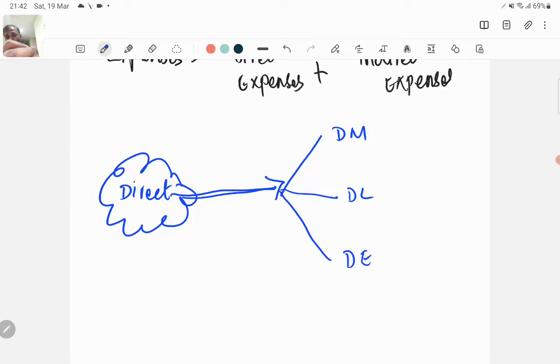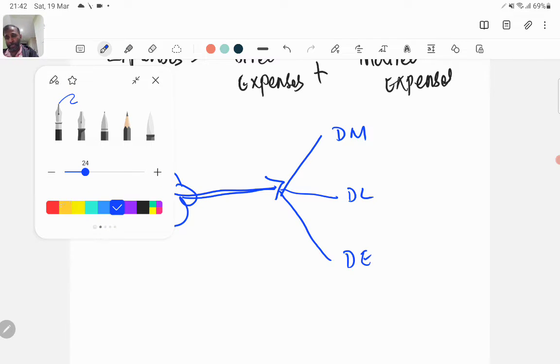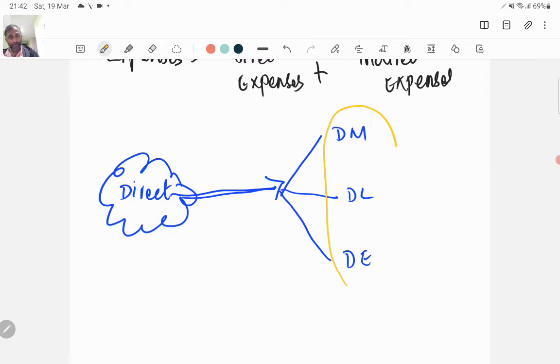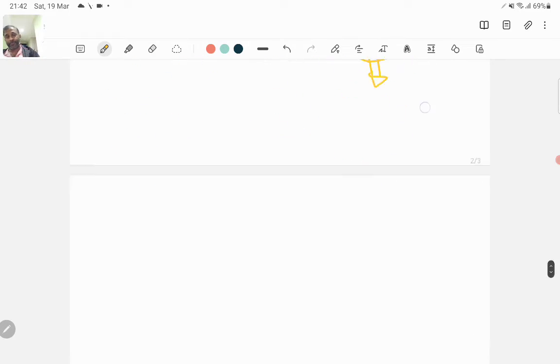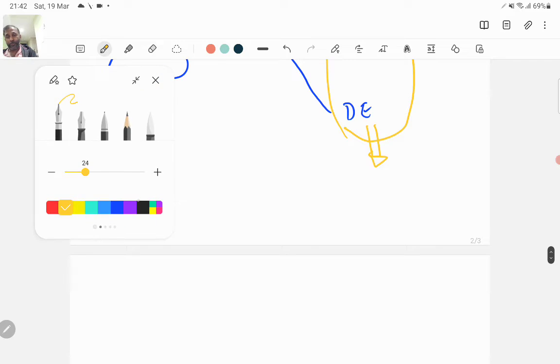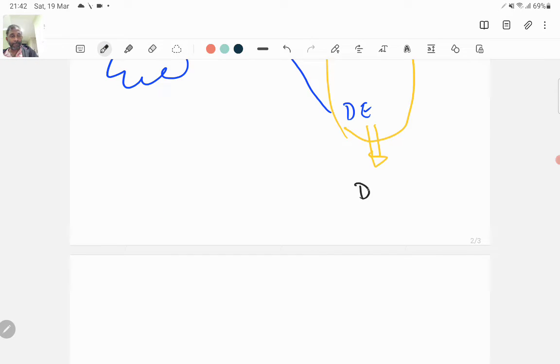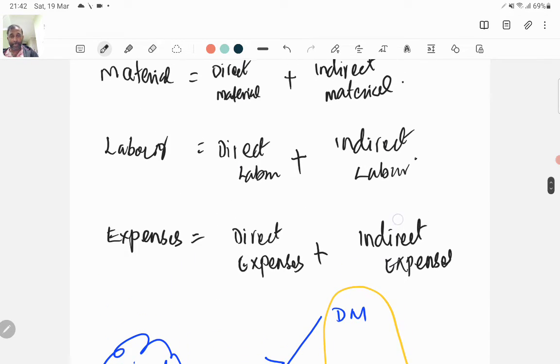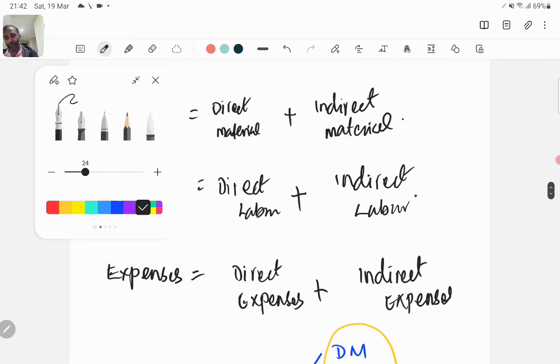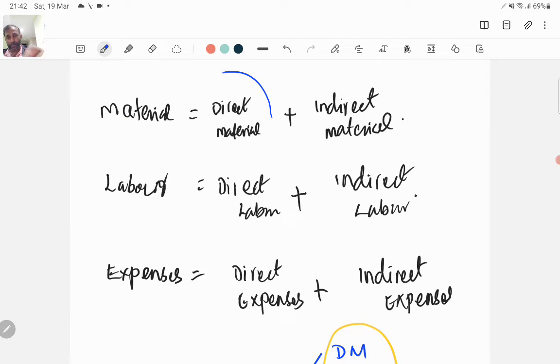The total of these three, you name that as direct cost.